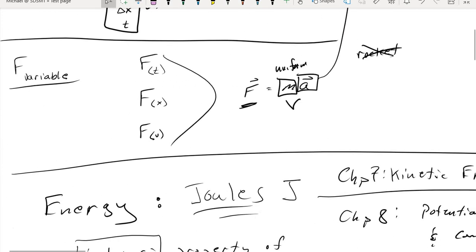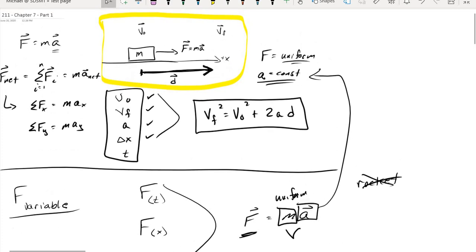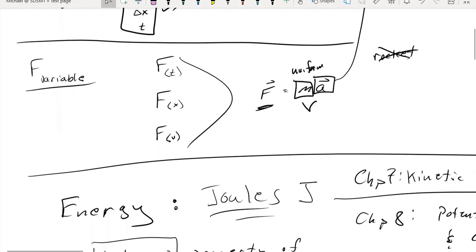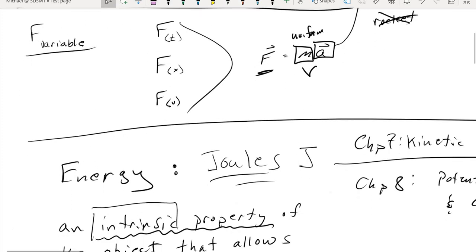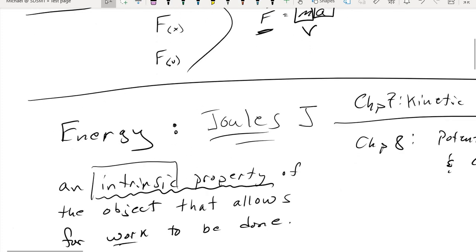Now, let's try getting some definitions for a couple of these new terms, and then we'll come back and see why we want to use this new approach of energy as opposed to the kinematics. And if anyone else can find a good definition of energy, I welcome you to contact me and let me know. But so far, I have not found one. The book's definition is kind of vague.